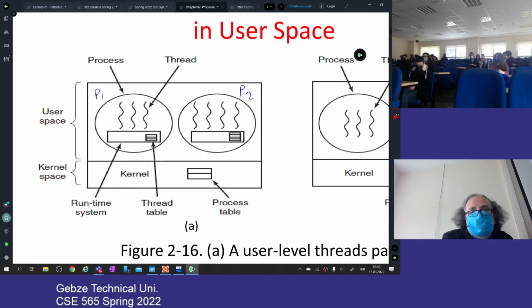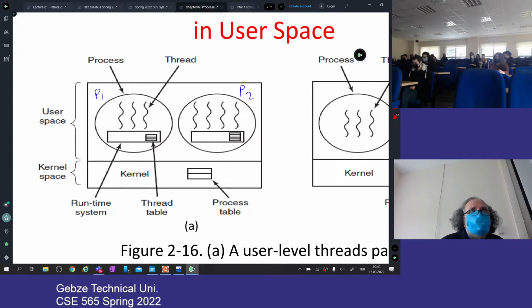And you might think that this is not a very good thing because threads are kind of special. They need some privileged instructions, etc. In fact, no. Threads are regular executions.